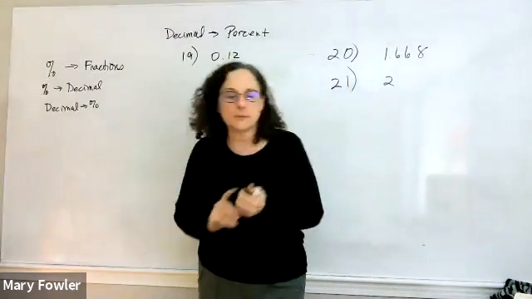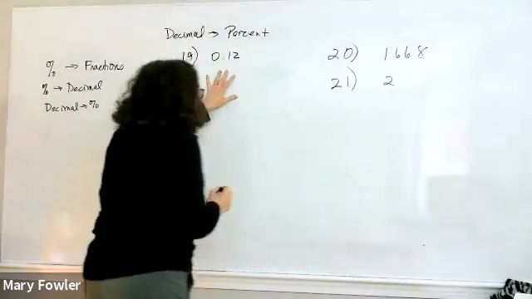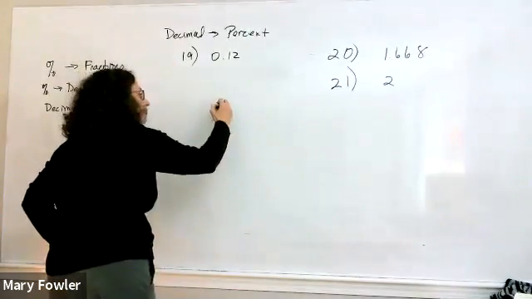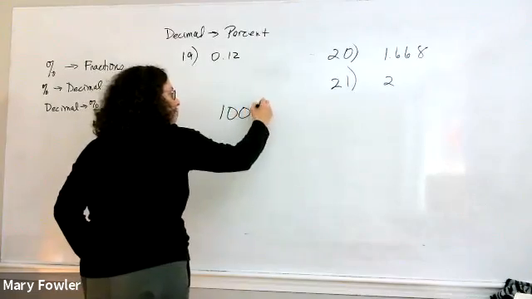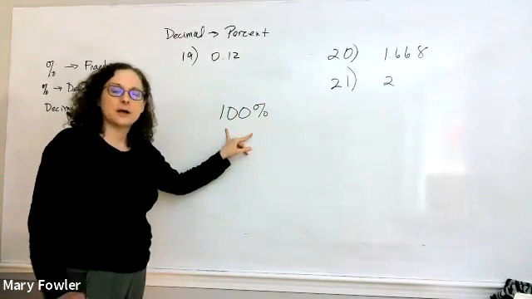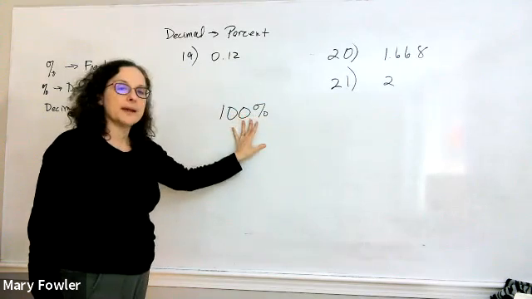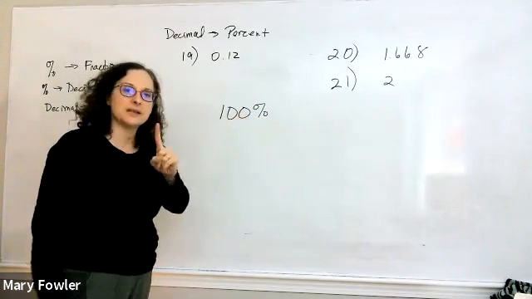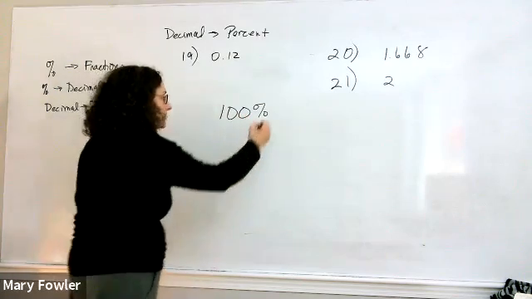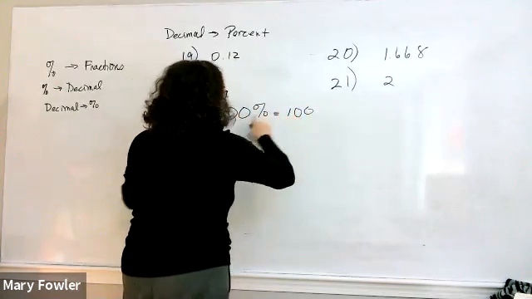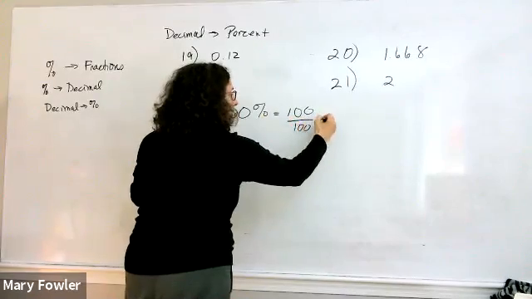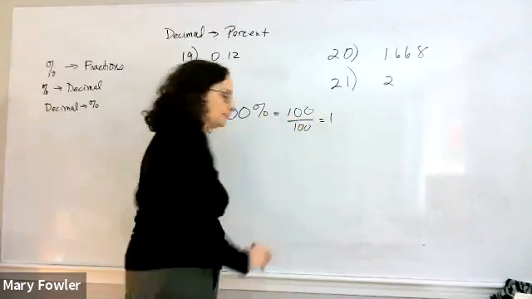But when we're going from a decimal to a percent, we are going to multiply by 1, but the special kind of 1 that we're going to multiply is 100%. So we can take any number, multiply it by 100%, because 100% is 1, right? 100% is equal to 100. Percent means divide by 100, and that is equal to 1.